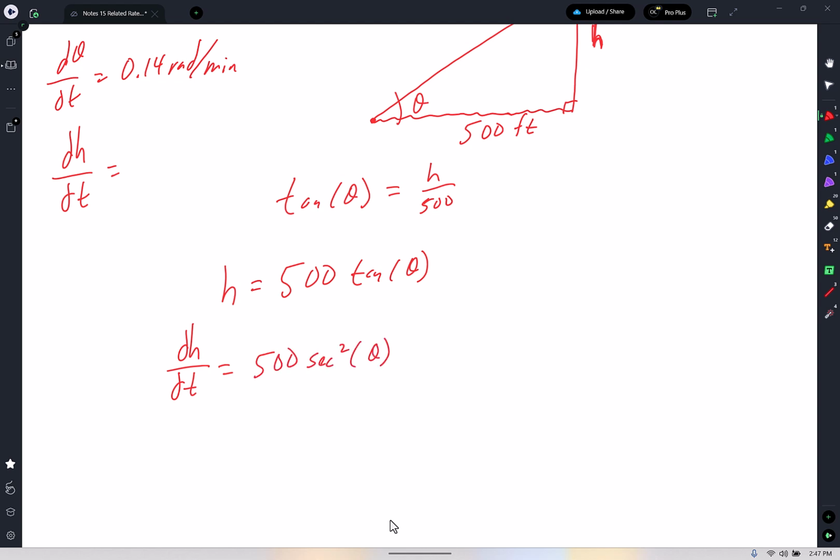Now, I took it with respect to T, not theta, so what did I put right next to it? d theta dt, because it's a theta. I took the derivative of theta with respect to T. You could also think of that as chain rule. I'm taking the derivative with respect to T, and that's not a T, that's a theta, so you've got to put d theta dt. Leave the inside alone. The derivative of tan is secant squared, and the inside is theta. Then the derivative of theta with respect to T is d theta dt.